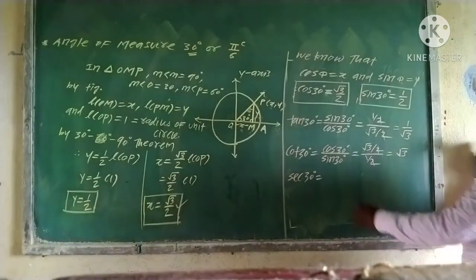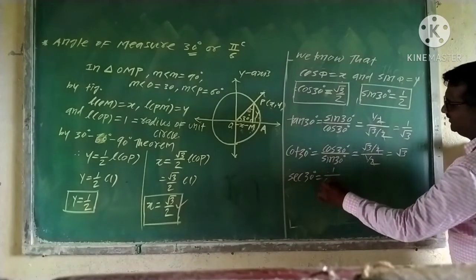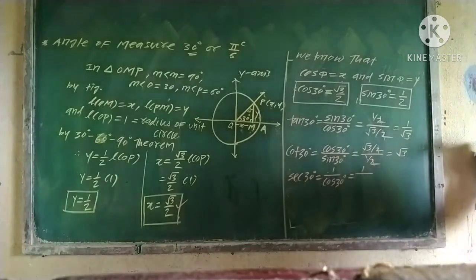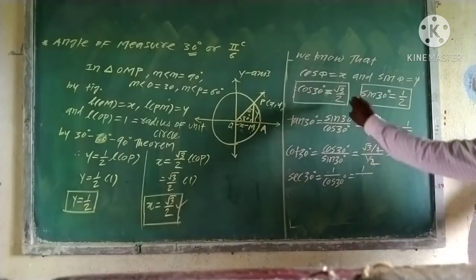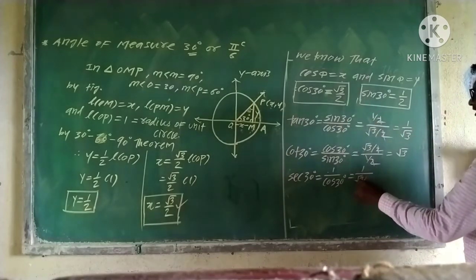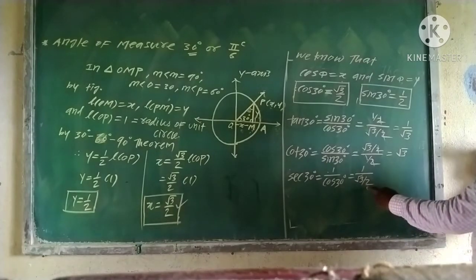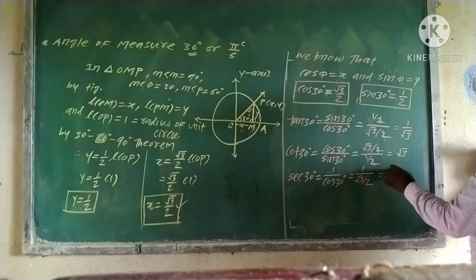Sec of 30 degree equals 1 upon cos of 30 degree, equal to 1 upon, now where cos of 30 is square root 3 divided by 2. Now 2 is in the denominator, so its reciprocal becomes 2 upon square root 3.